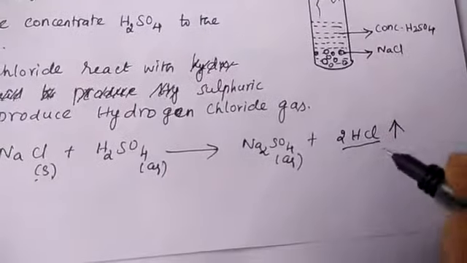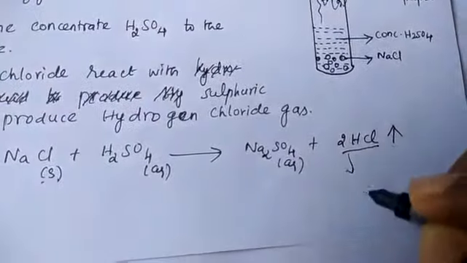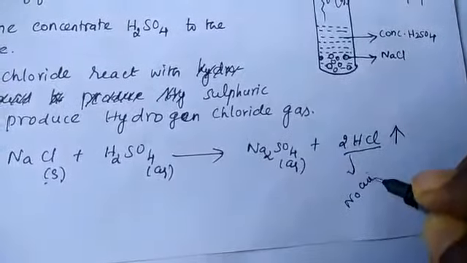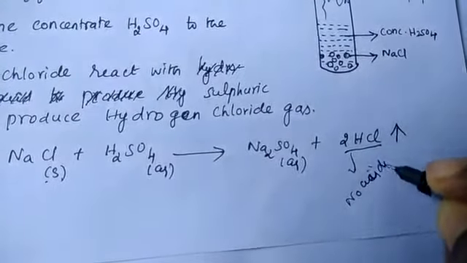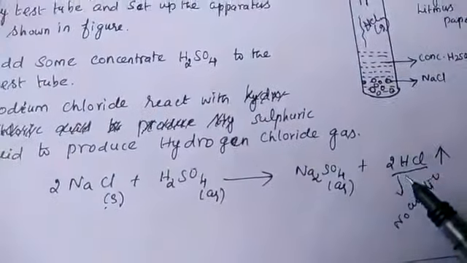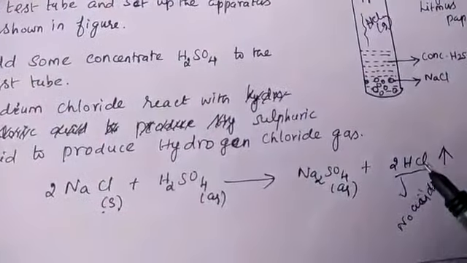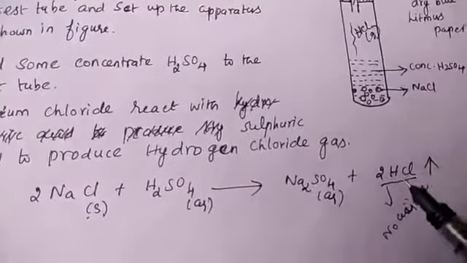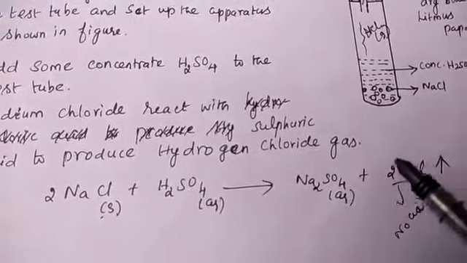Hydrogen chloride in its gaseous nature has no acidic character, but in solution form it has acidic nature, because in a gaseous state hydrogen chloride does not produce H plus ion.